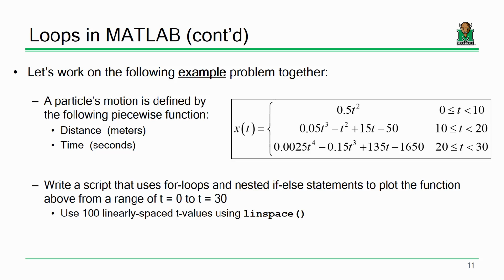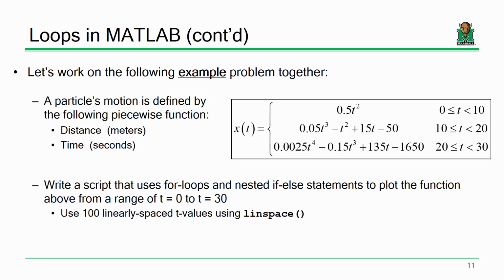And so t is going to be time variable, x is going to be our distance variable. Okay, and then inside of our script, there's going to be both the loop and then also if-thens.